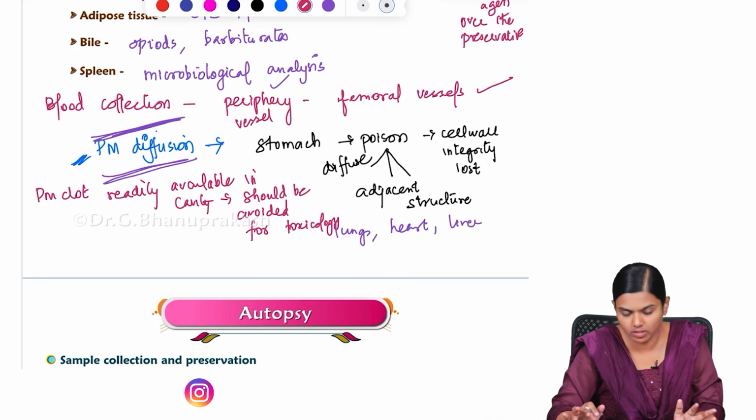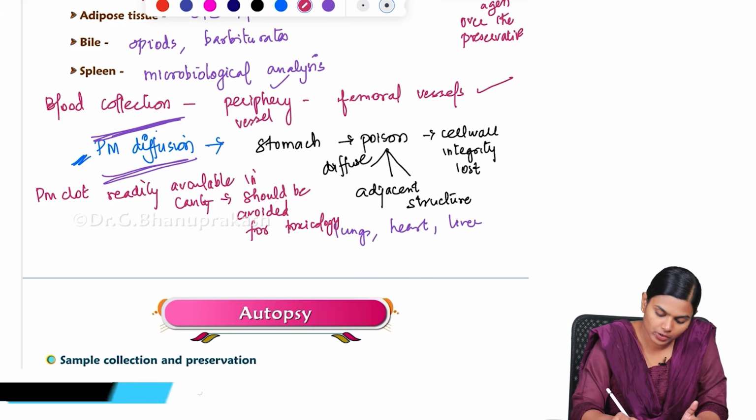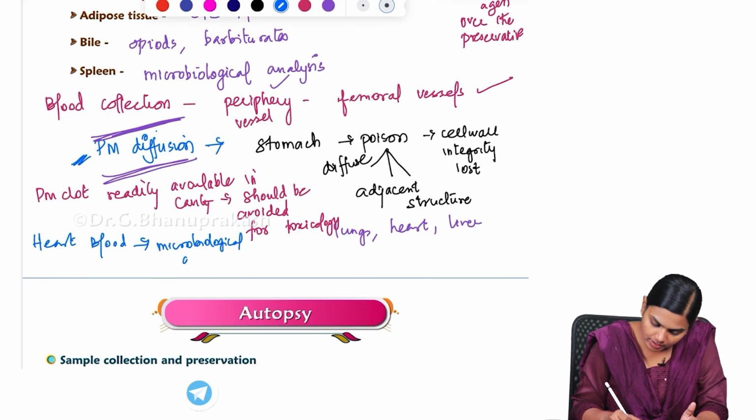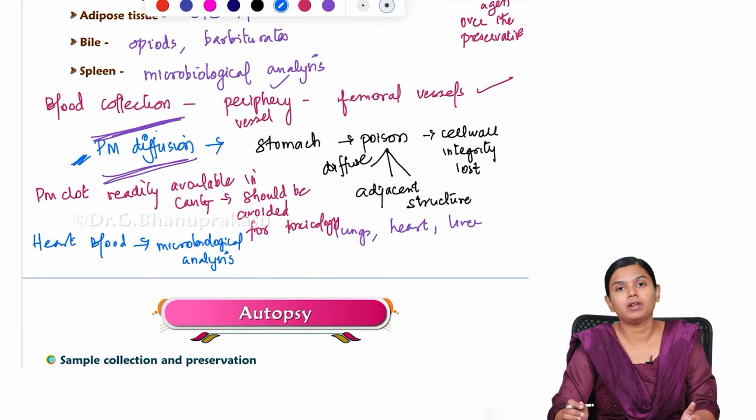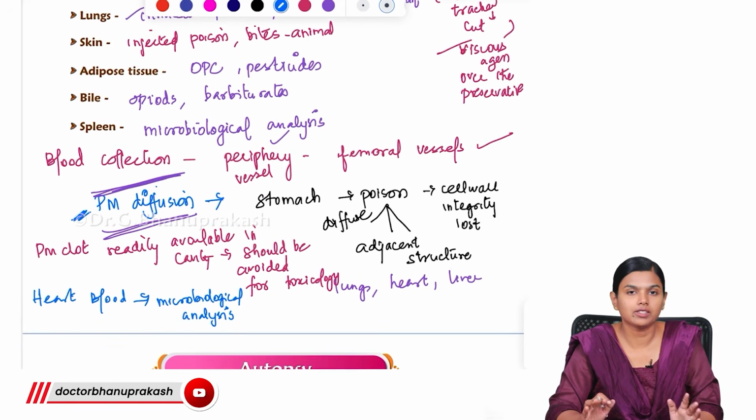So this clot should also be avoided. But there is one condition where you can prefer blood from the heart. Heart blood is preferred for microbiological analysis. If there is microbiological analysis, then you can use the blood from the heart. So this is how you usually preserve the samples.